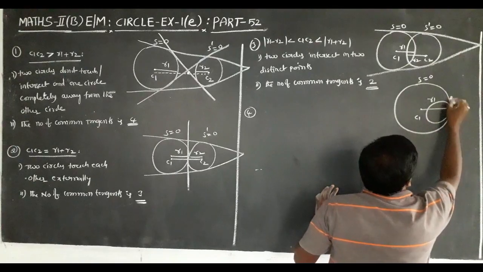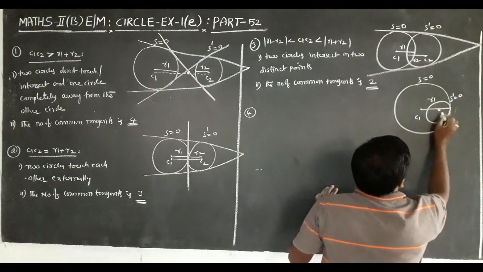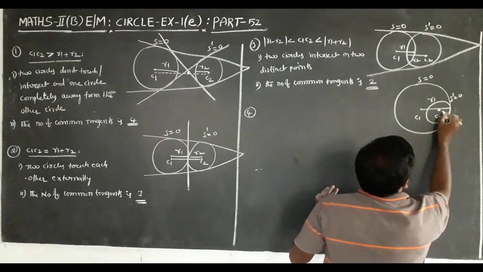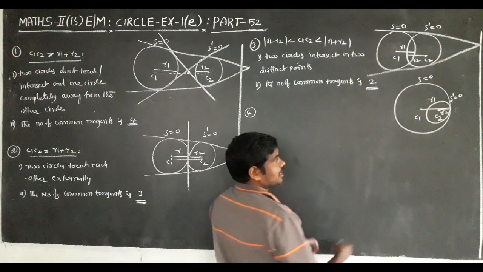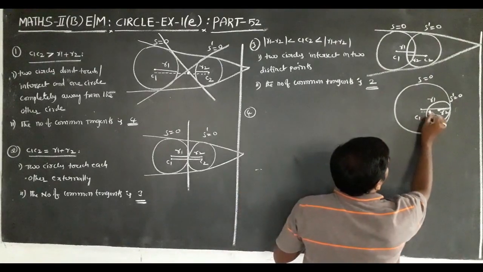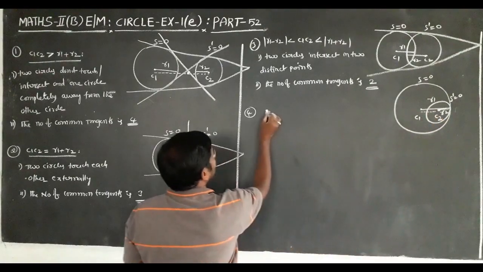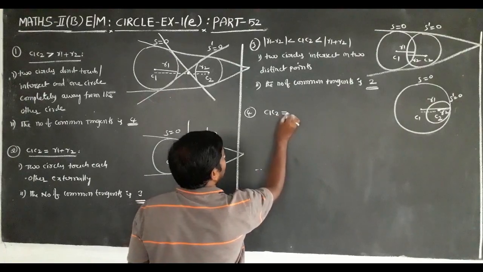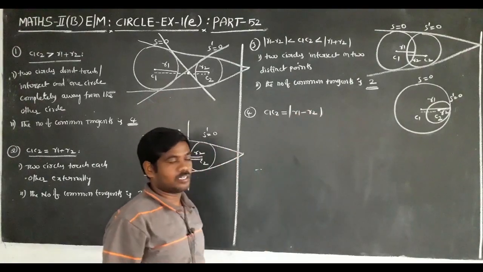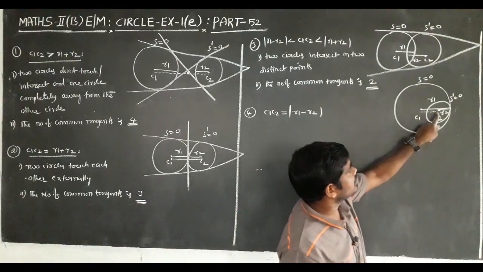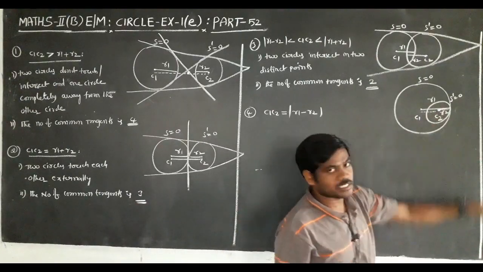This is the second circle S dash equal to 0, C2 is the center and R2 is the radius of the second circle. If C1C2 is equal to mod of R1 minus R2.